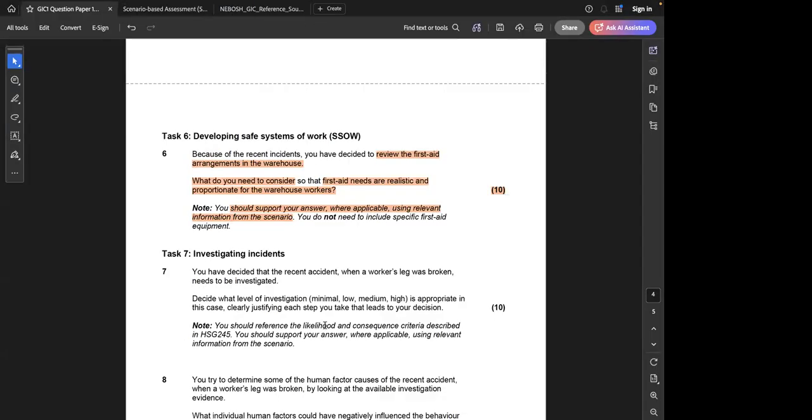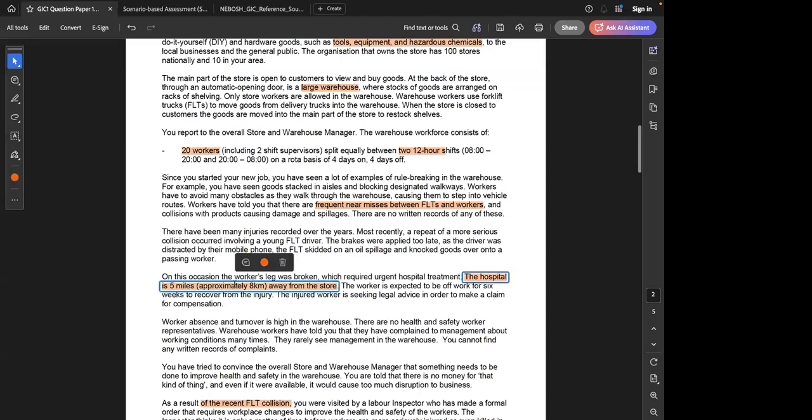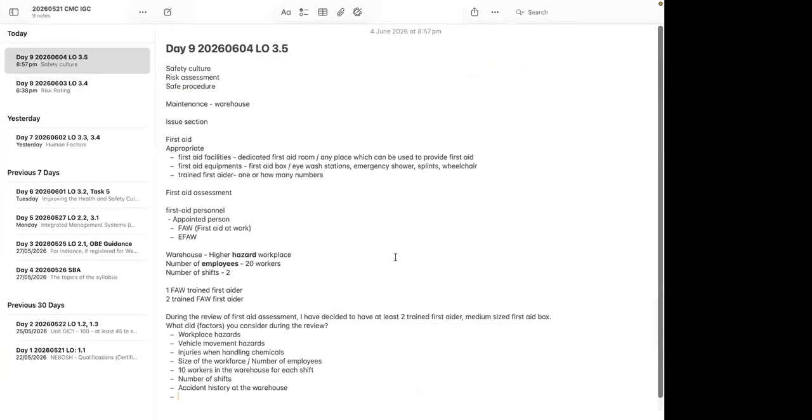Another piece of evidence or clue is that the hospital is 5 miles, approximately 8 kilometers, away from the store. So I would also consider that the hospital is 5 miles from the store. This is also a point that I have considered during my review.